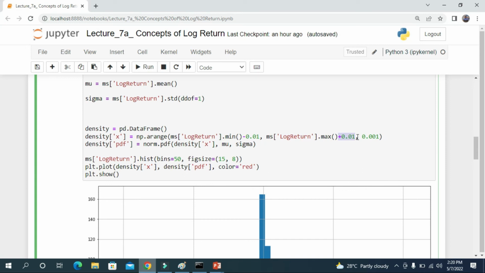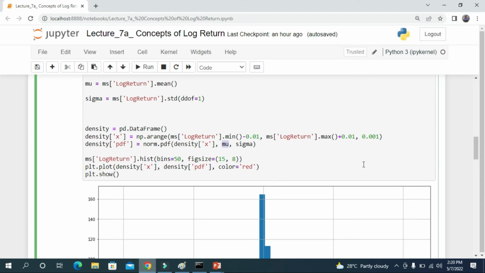So we have simply taken the logarithm minimum value and gone a little bit to the left, and we have taken the logarithm maximum value using the max function and gone a little bit to the right, and the step size is 0.001%. So norm.pdf, we have already understood what PDF is, and PDF will take the mean value we have already calculated and the standard deviation.